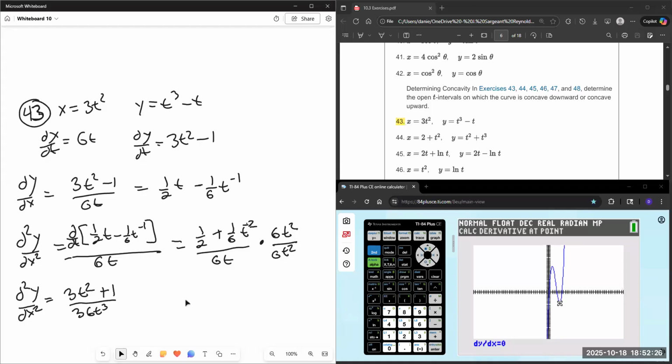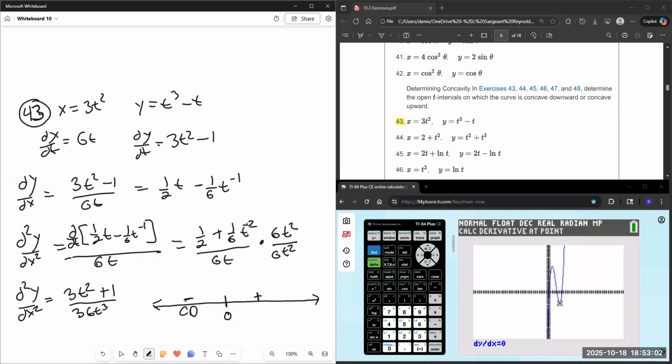Now I want to look at my second derivative test here. 3t squared plus 1 is never 0, but 36t to the third has a 0 at 0. And so to the left of 0, I'm going to have a positive over a negative, and this is going to be concave down.